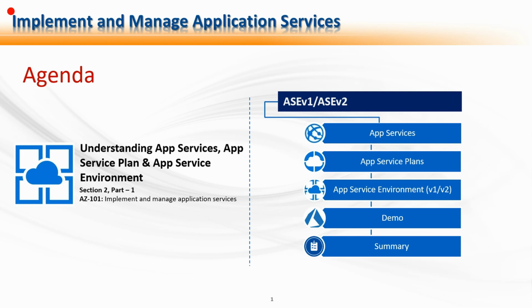Even before we dig deep into each of them individually, as a high-level overview, the app services environment is a fully isolated and dedicated environment for running Azure App Service apps at high scale, securely, which includes web apps, mobile apps, and APIs.